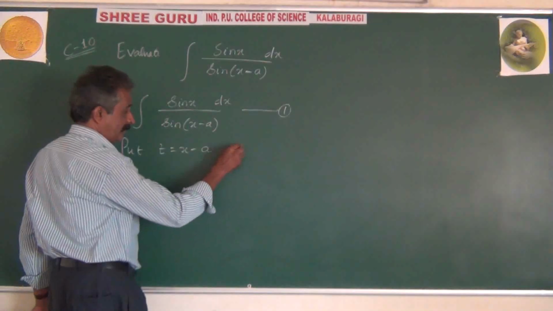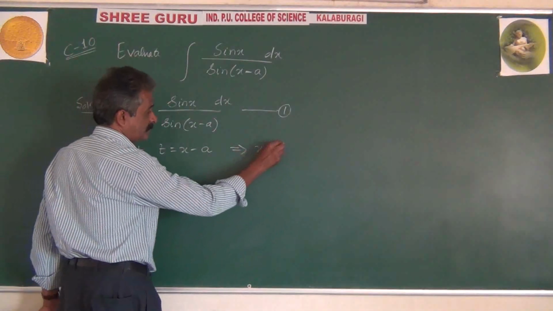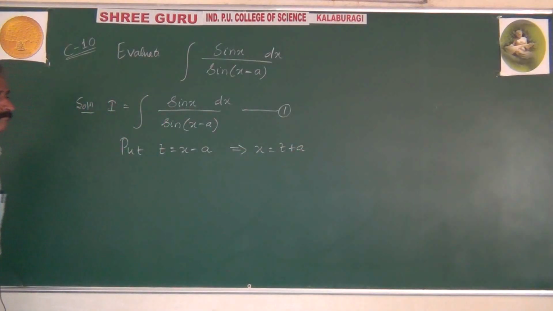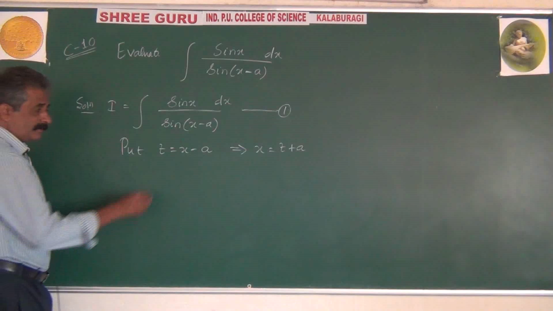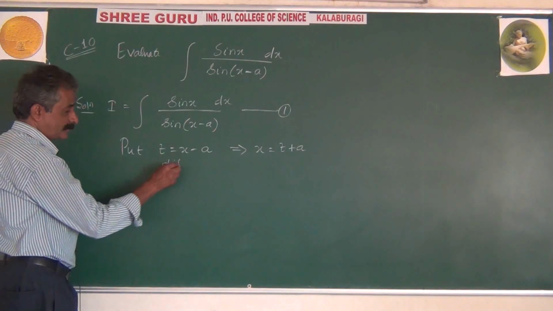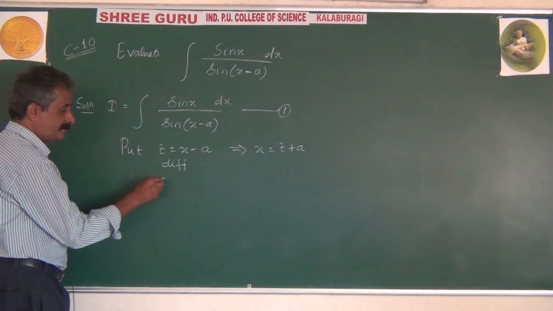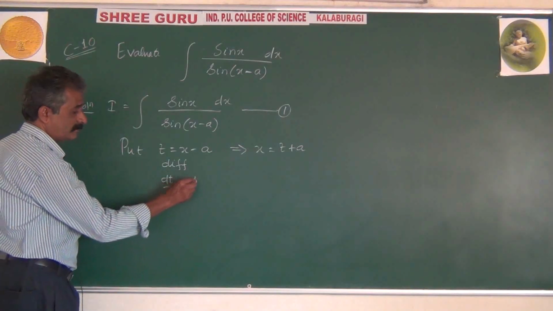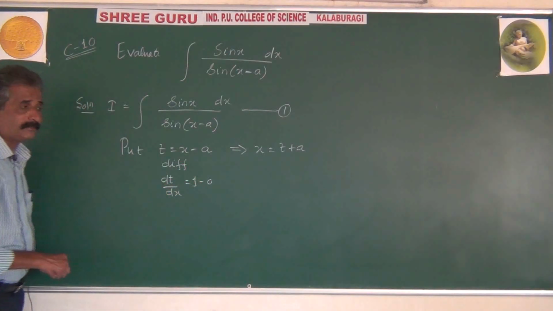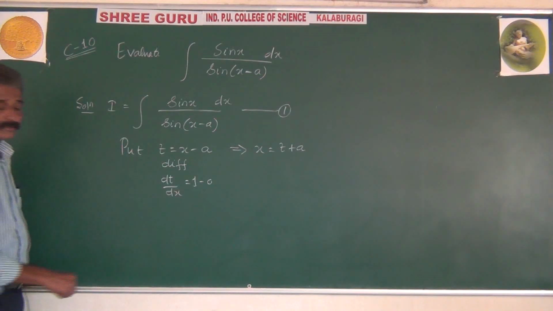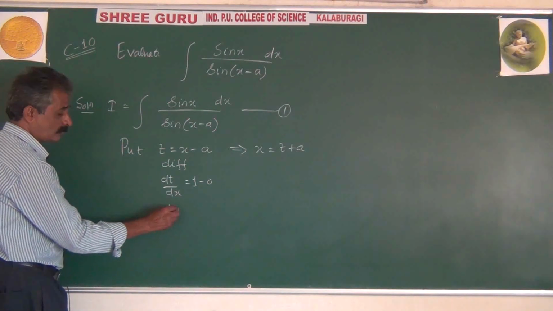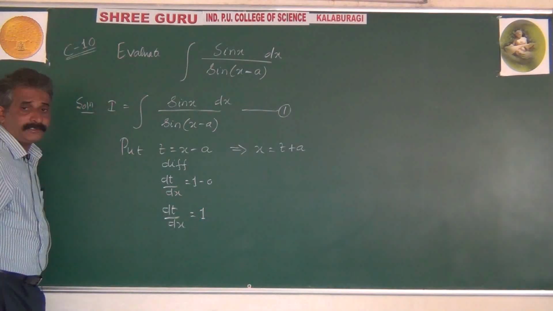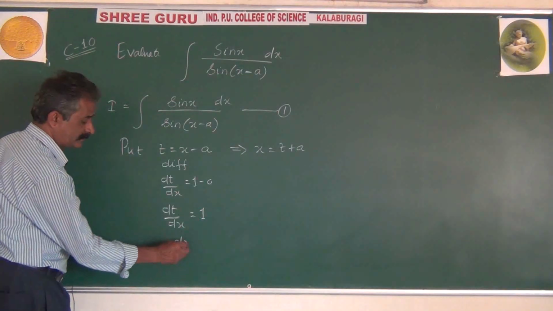Implies x equal to how much? t plus a. Differentiate with respect to x. dt by dx equal to differentiation of x is 1, differentiation of a is 0, or dt by dx equal to 1. Hence dt equal to dx, or dx equal to dt.